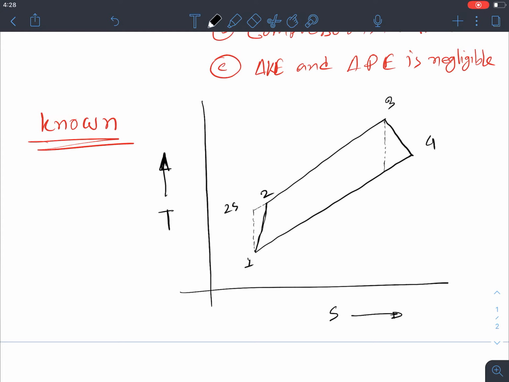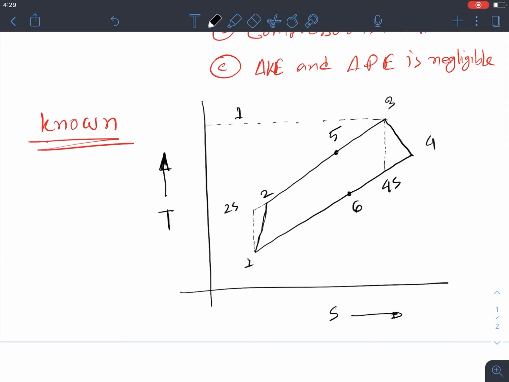However, in actual cases, this is not isentropic, right? So this is 4, and this is 4s, and then since we have a regeneration unit, it will be 5, and then the exit of the regenerator will be 6. So we have pretty much all of those points, right?